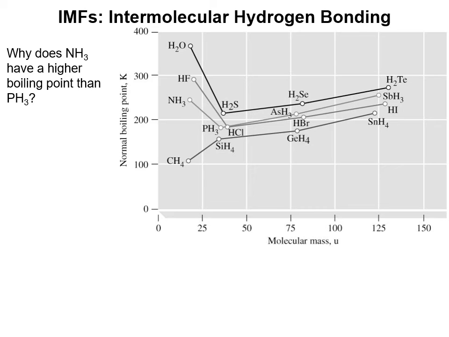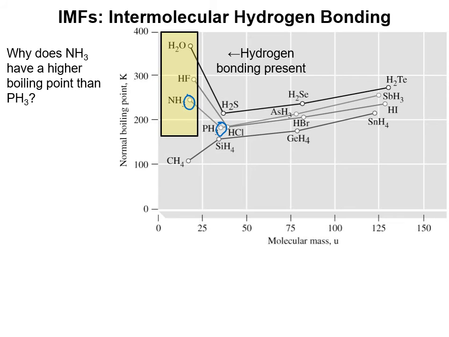Now, if we look at this series, NH3 has a higher boiling point than PH3, even though PH3 has more total electrons. So the question is, why does NH3 have a higher boiling point? Well, now what we're looking at is the hydrogen bonding. So anything in this yellow square here is capable of hydrogen bonding.